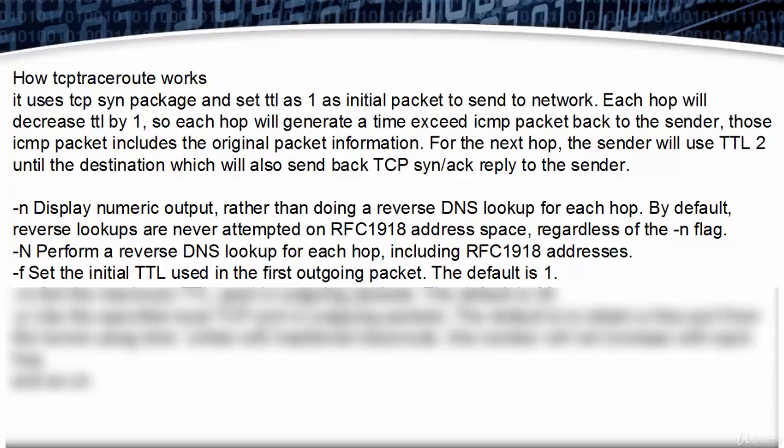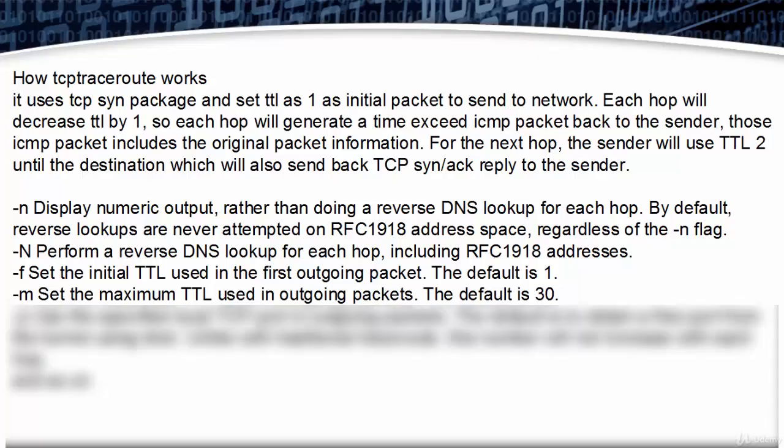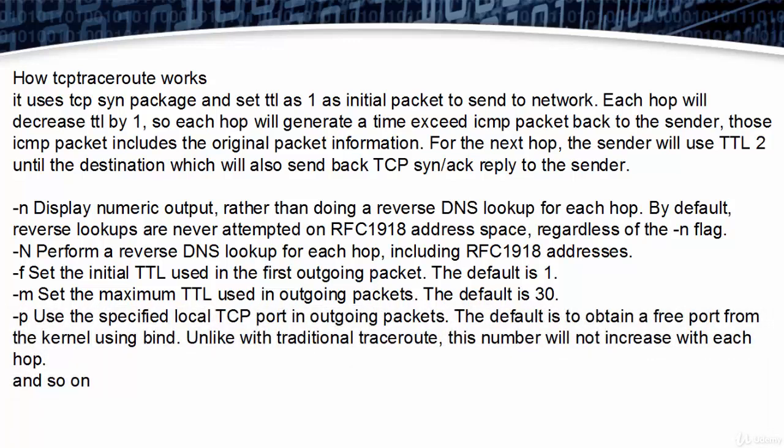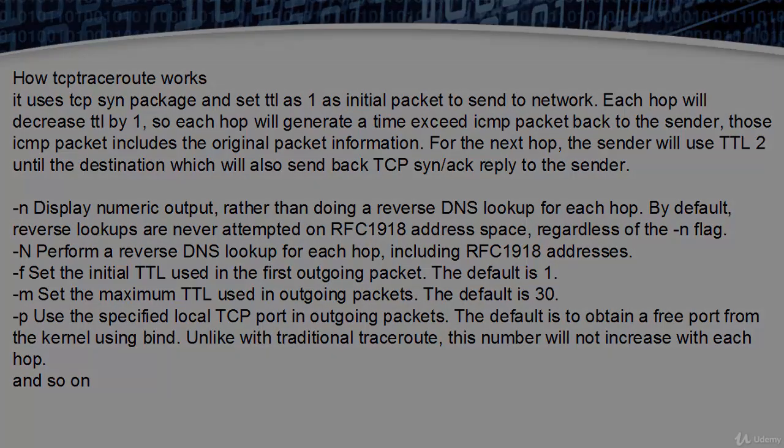The default is 1. -m sets the maximum TTL used in outgoing packets. The default is 30. -p uses the specified local TCP port in outgoing packets. The default is to obtain a free port from the kernel using bind. Unlike with traditional traceroute, this number will not increase with each hop.